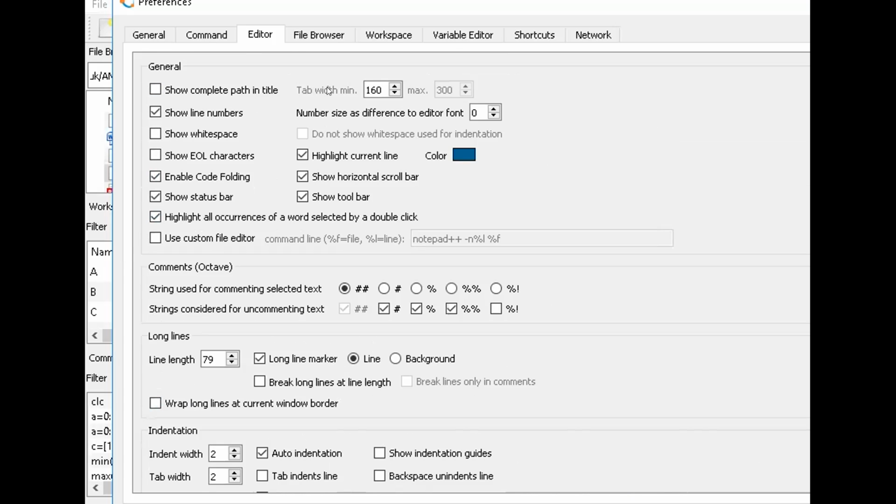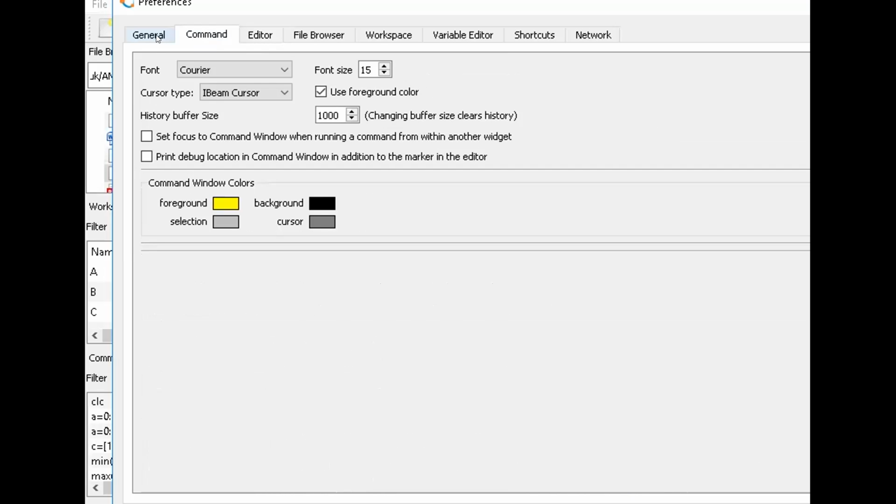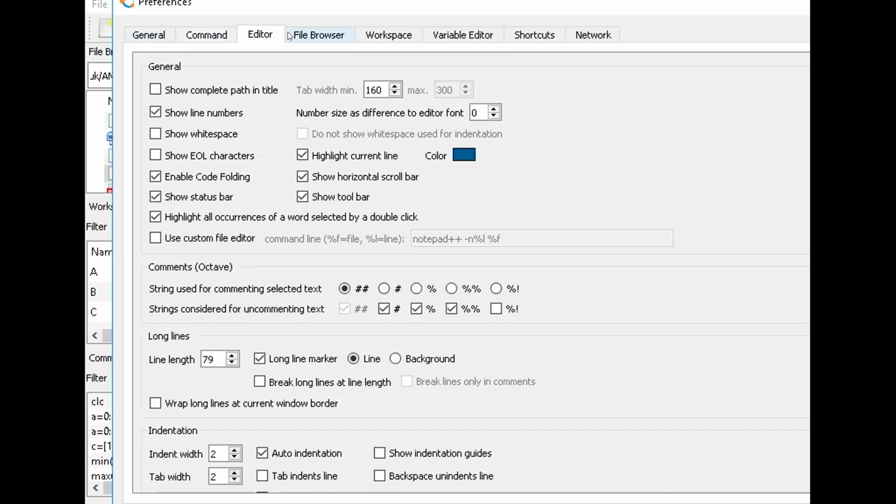The font size, I want to change the font size. Command font editor.